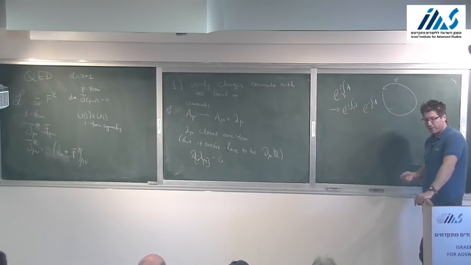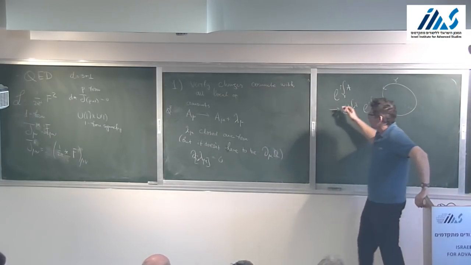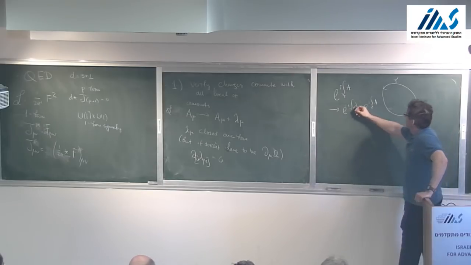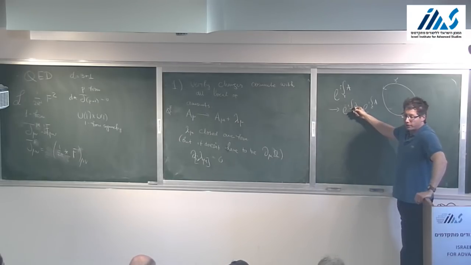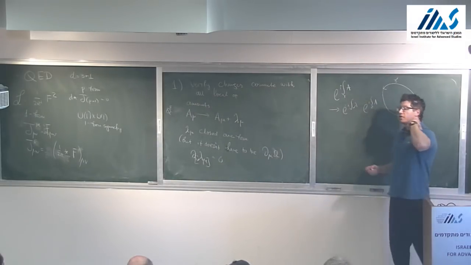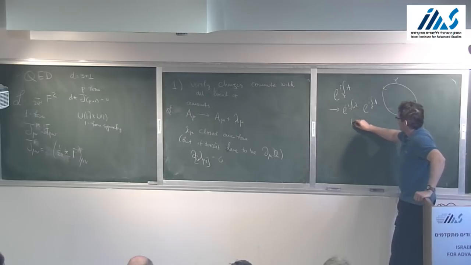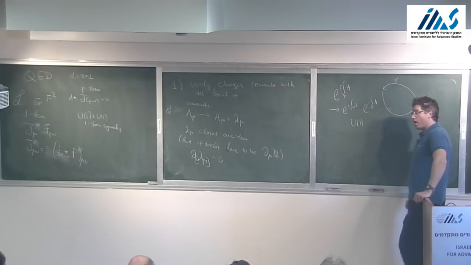Under gauge symmetries, closed Wilson lines are by definition invariant. If this was a total derivative, this would be e to the i 2 pi, and that would be 1. But since it doesn't have to be a total derivative, it may be a non-trivial phase. However, since locally you can always write it as a total derivative by Poincaré's lemma, you don't gain infinitely many symmetries out of that. You just get a U1, essentially to every closed curve, one U1.